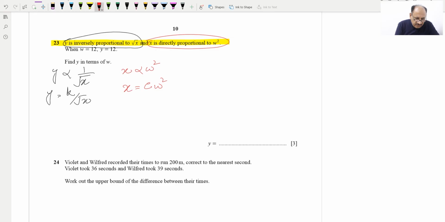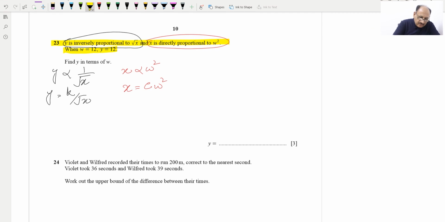So now we can write this. We will be replacing the values. They are saying when w is equal to 12, y is also equal to 12.